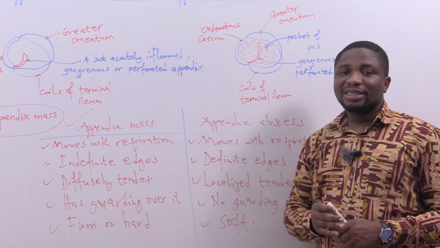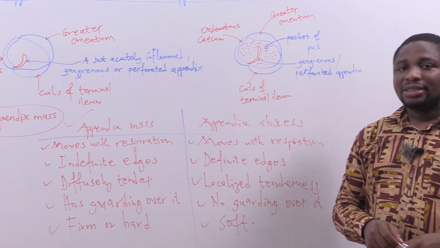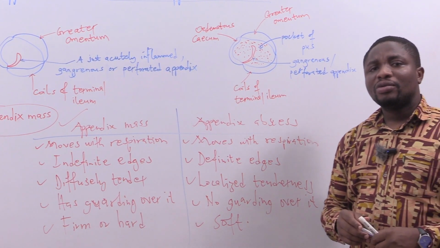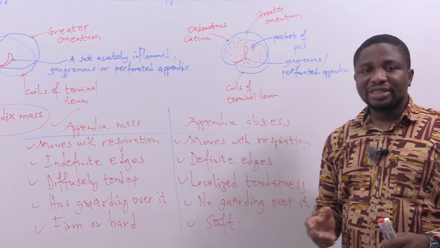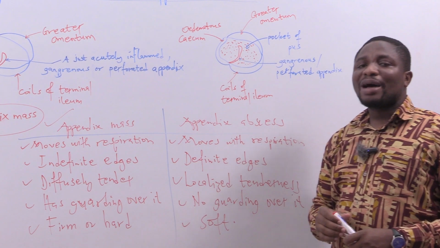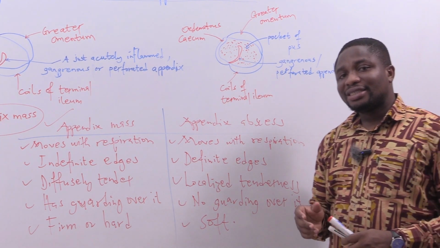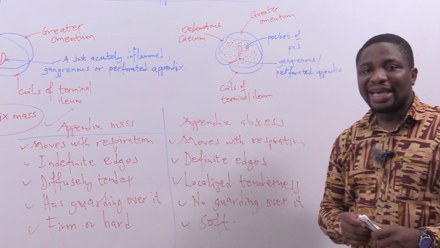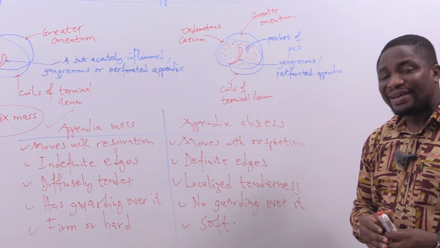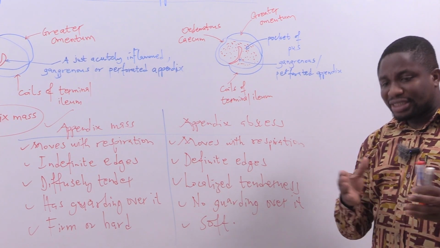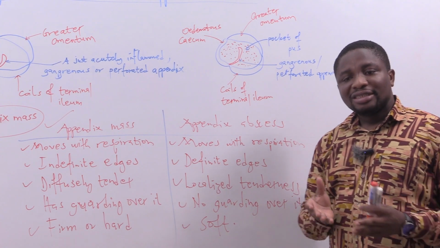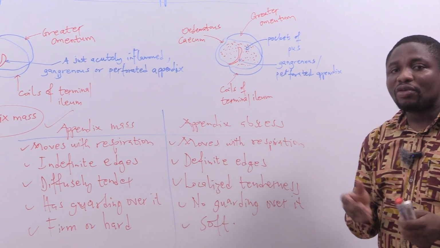Both will move with respiration. The second comparison is that appendix mass has indefinite edges, whilst appendix abscess has definite edges. It means that the edges of the abscess are smooth, as compared to appendix mass, which has indefinite edges, meaning it's rough.